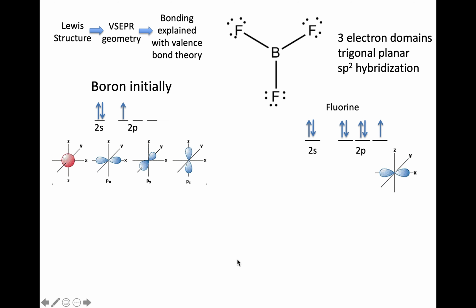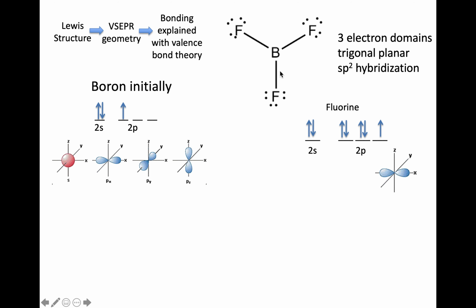But with the boron, I see some issues. This would be telling me that I only have one unpaired electron. That can't be right. I need to somehow get three unpaired electrons. Also, in the initial orbital diagram, there's an s orbital, a p, and another p. Those don't seem to explain the bond angles that I need to have.